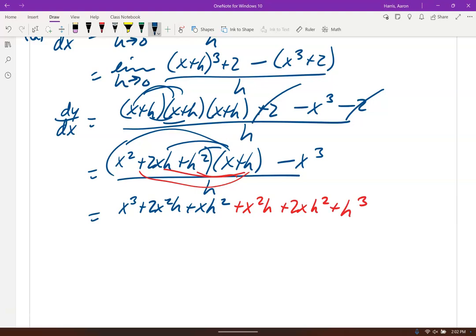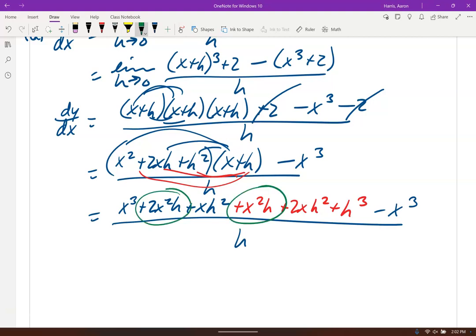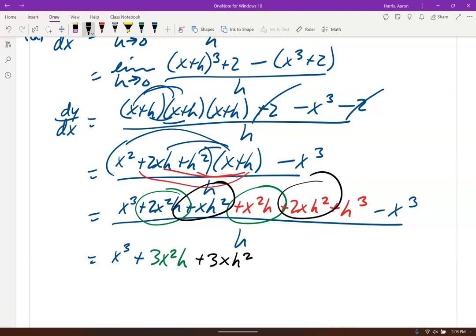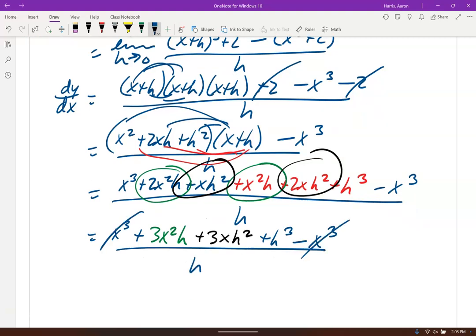I still have this minus x cubed on the end. Notice I do have some like terms. That one and that one are like terms. So 3x squared h, and then xh squared plus 2xh squared, so I got 3xh squared. And then I have the h cubed and a minus x cubed. And notice the x cubes are gone.